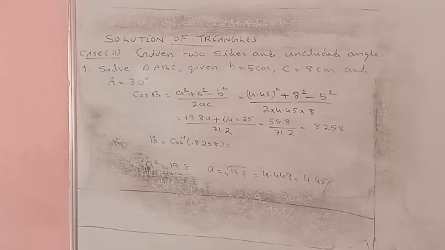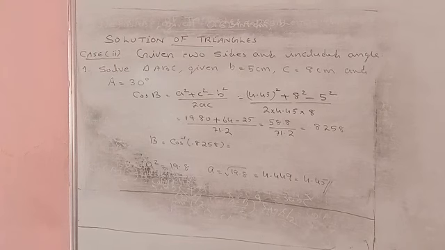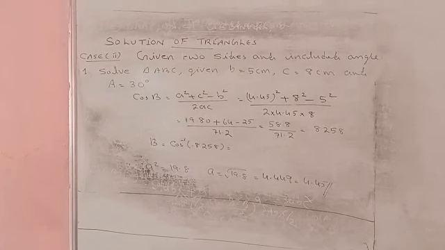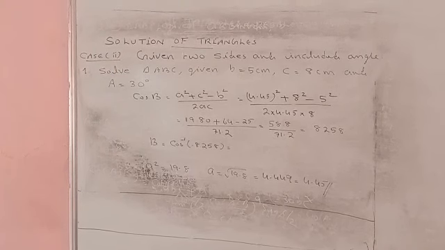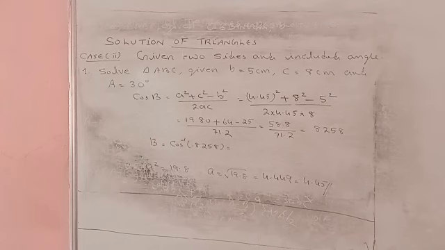Here cos B is equal to a squared plus c squared minus b squared divided by 2ac. Substitute a, b and c. We get 4.45 squared plus 8 squared minus 5 squared divided by 2 into 4.45 into 8. The numerator: 4.45 squared is 19.80 plus 8 squared is 64 minus 5 squared is 25.